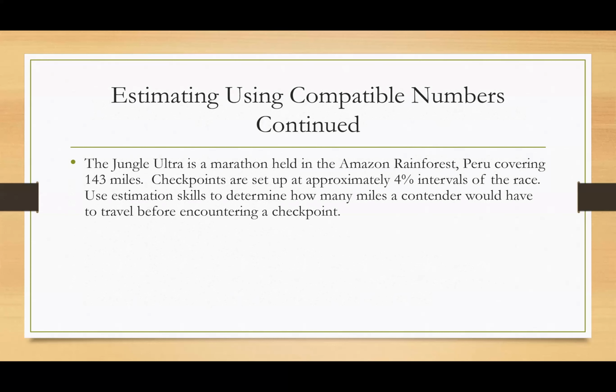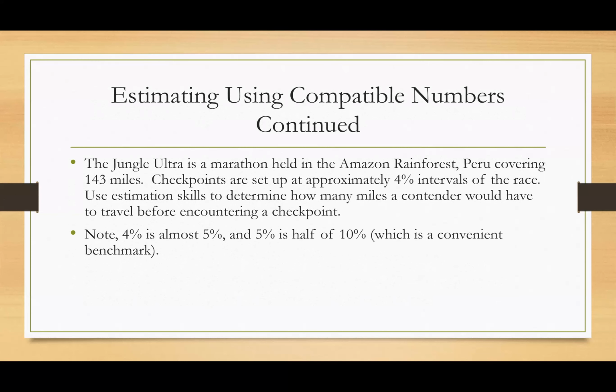So we're going to use our estimation skills to determine how many miles a contender would have to travel before encountering a checkpoint. We're going to travel a total of 143 miles, and we're going to encounter a checkpoint every 4% of the race, so we can make sure we're okay, get some water, maybe some band-aids, etc.